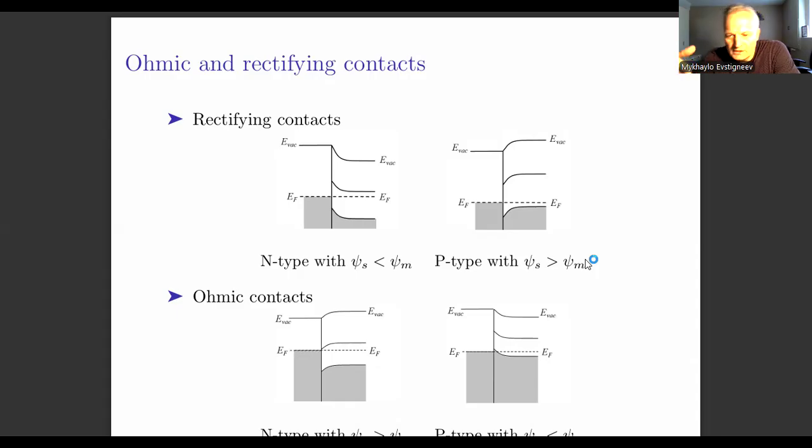And simultaneously, I am preventing the metal electrons from entering the semiconductor. So, since I am pushing away the majority carriers on the semiconductor side, and I am not letting the electrons of the metal enter the semiconductor, I will have very little current.